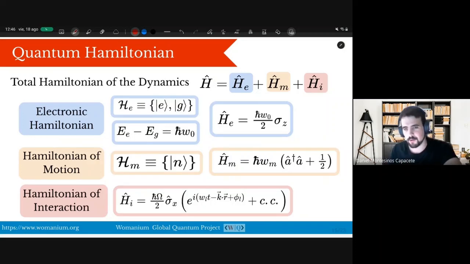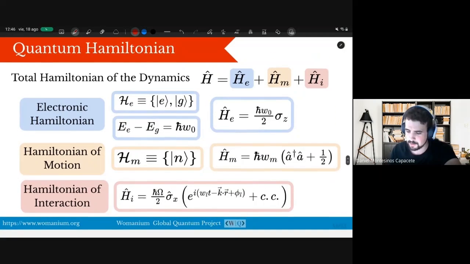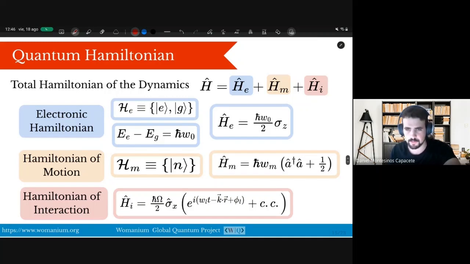As I have already said, and we will see in a few slides, there are a lot of different energy levels, but in order to be able to calculate some analytic results, we are going to be working in a two-level approximation. That means we are going to imagine working as if we had just two levels, the excited state and the ground state of our two-level system, right? In reality, we have more than two levels, right? But in this approximation, we are going to be working with just two levels.